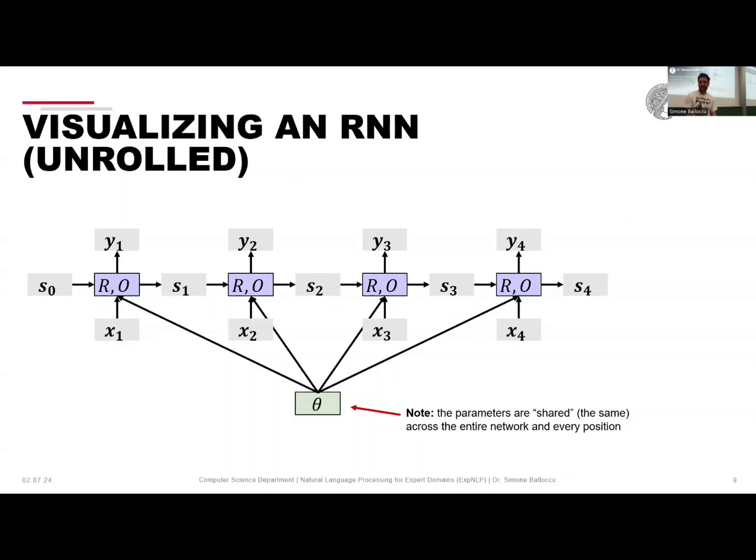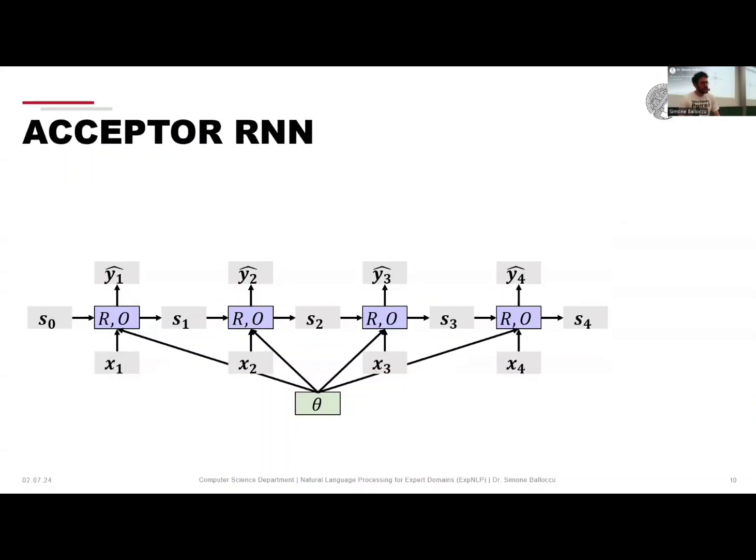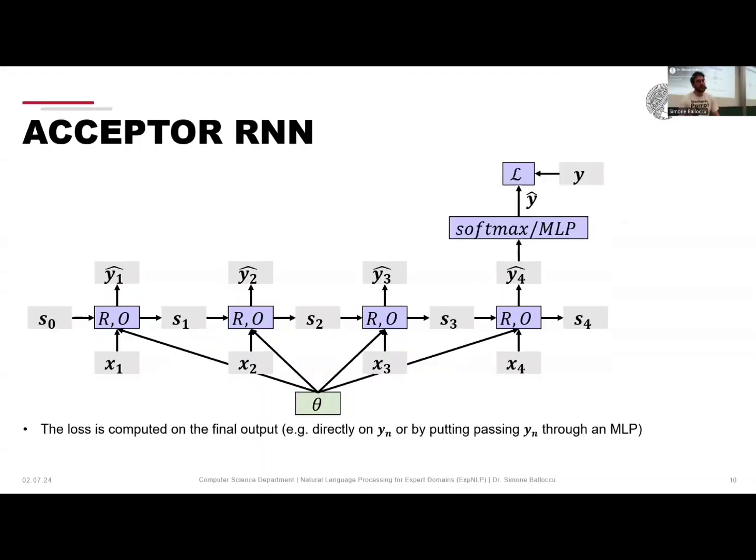Now, we're also going to see 2 different kinds of RNNs. The first one is called an acceptor RNN, and it looks kind of the same, but now we're using it for an NLP task. So to calculate the loss, we plug the final output of the network into whatever you want, a softmax, depending on your task. That's your total prediction, and then you compare it with the gold label and calculate a loss. So the loss is computed on the final output.